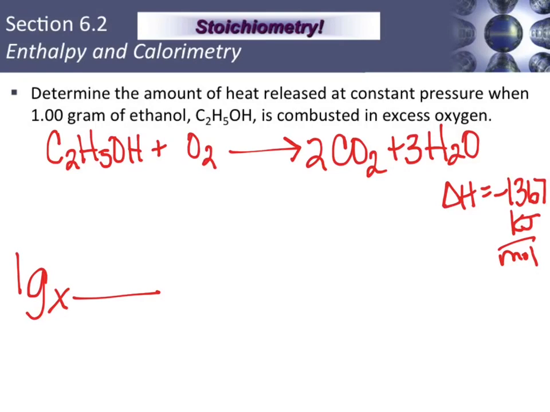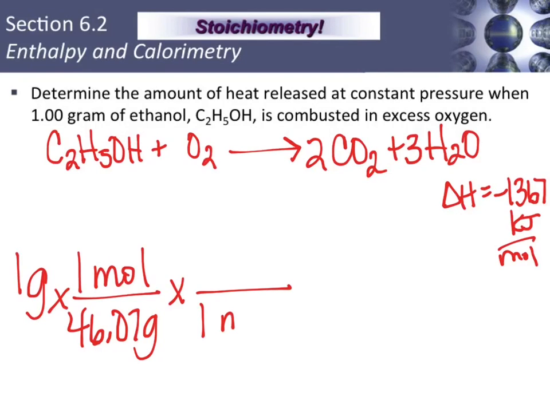For every 1 mole there are 46.07 grams, so now we're in moles of ethanol. And we know that for every 1 mole of ethanol, how much heat is given off? Negative 1367 kilojoules. So what do we get?